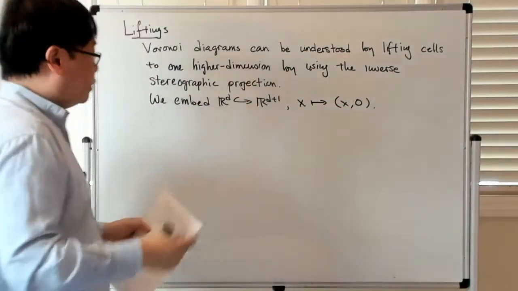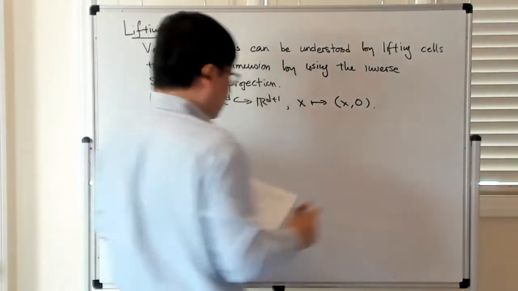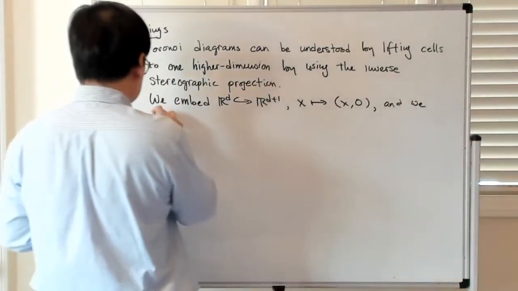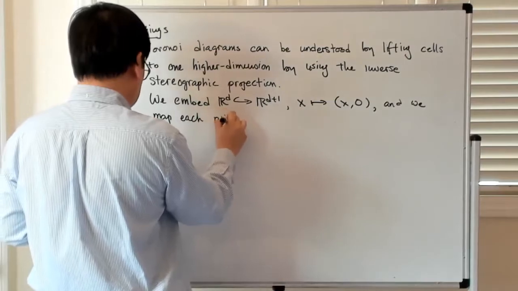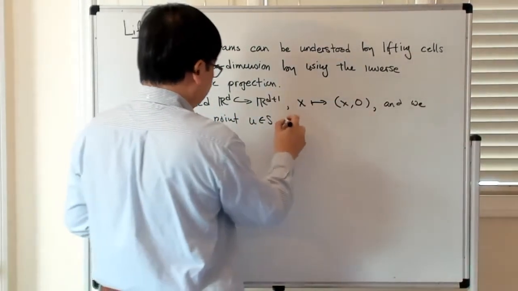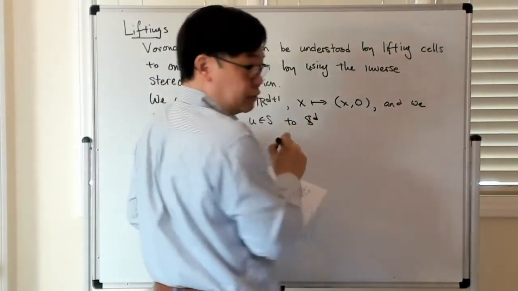So the last component, the (D+1)th component, is just set to 0. Okay, and we map each point u in this set S to the d-dimensional sphere using the inverse stereographic projection.